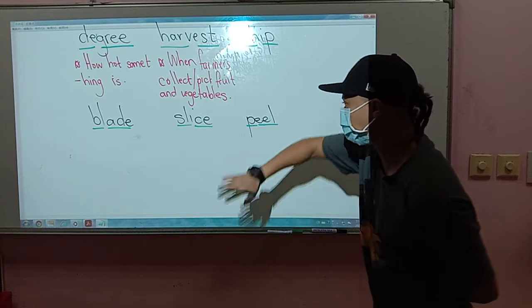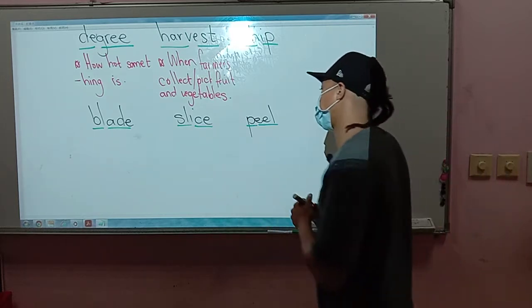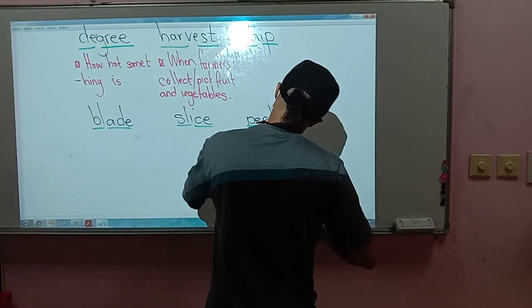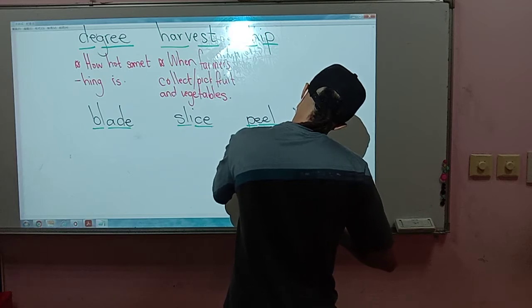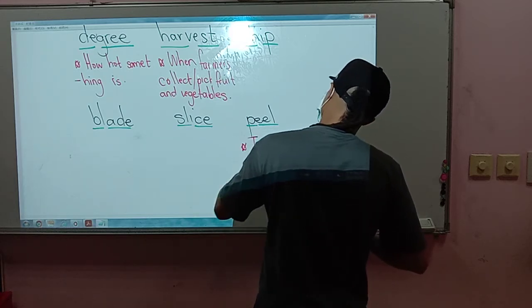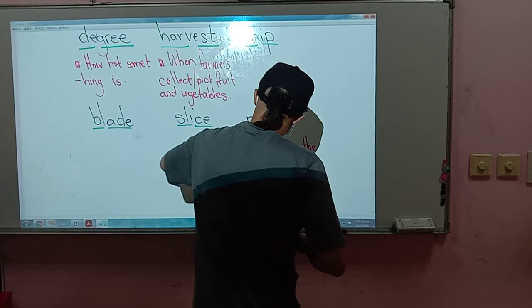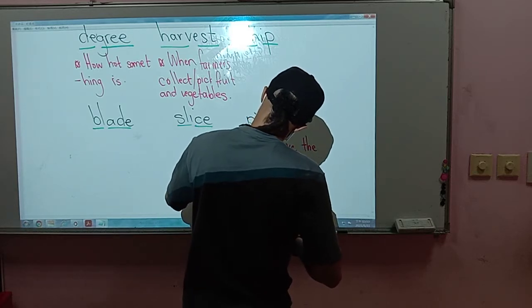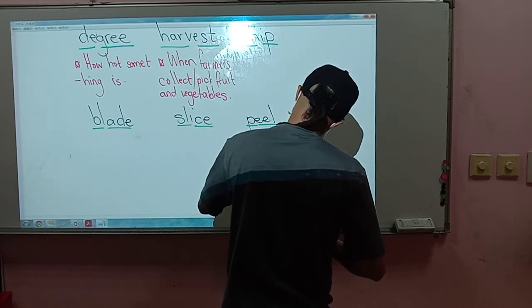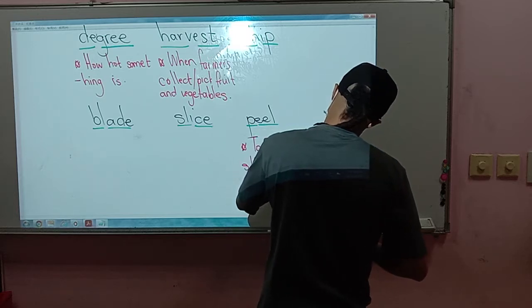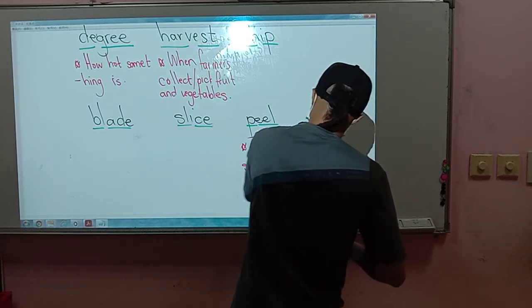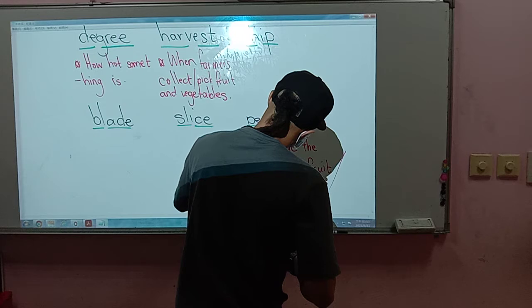If you chose the word peel, then you are right. Very good. To remove the skin from a fruit or a vegetable.